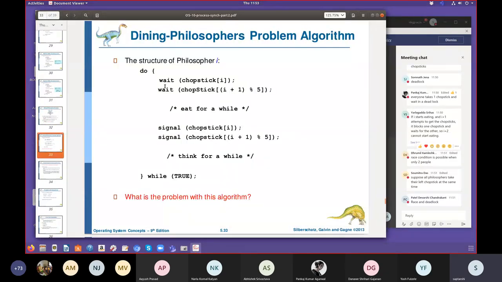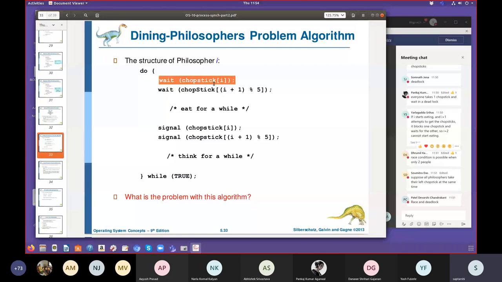Suppose let's say every philosopher executed this instruction, and then the processor was allocated to another philosopher. So philosopher i came, executed this instruction. Processor was allocated to philosopher 0. Philosopher 0 came, got hold of chopstick 0. CPU got allocated to philosopher 1. Philosopher 1 came, grabbed chopstick 1. Processor is allocated to philosopher 2, and so on.